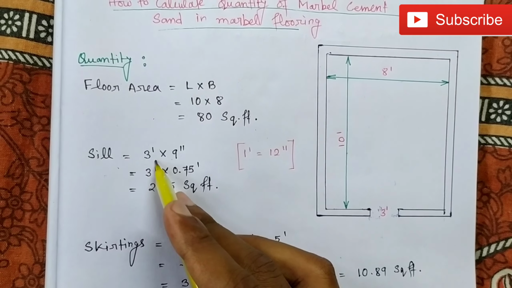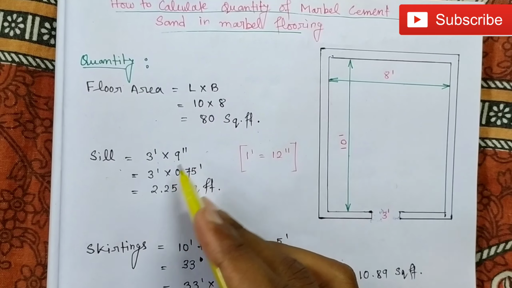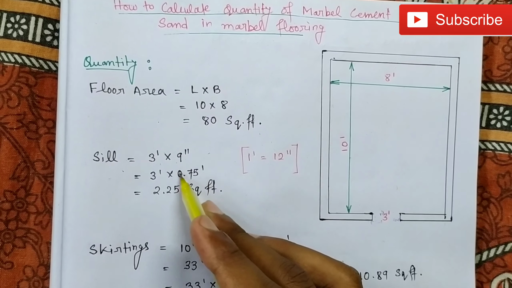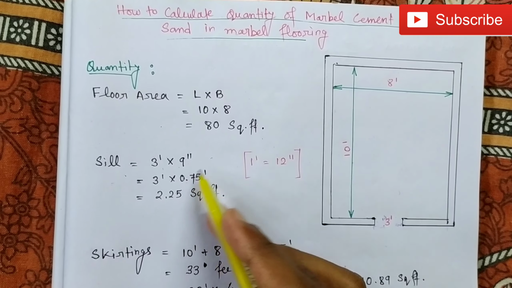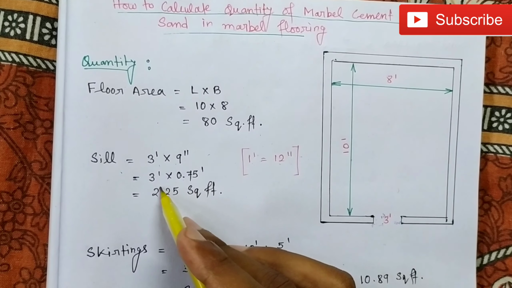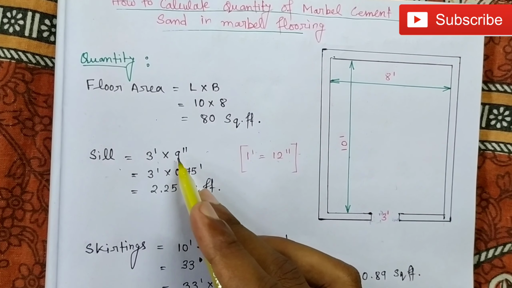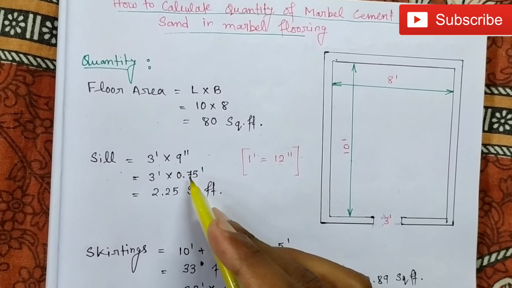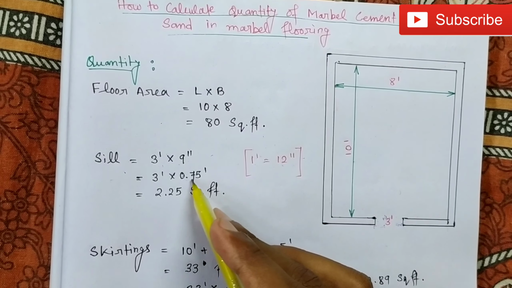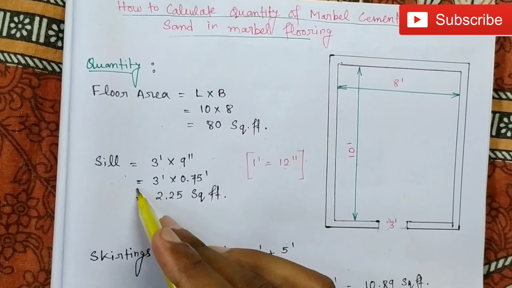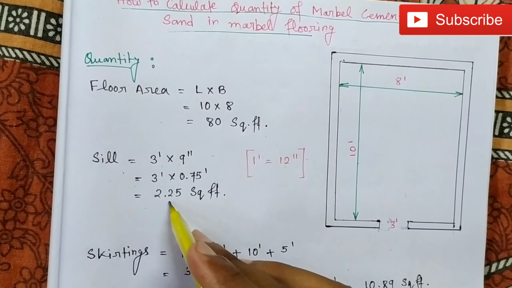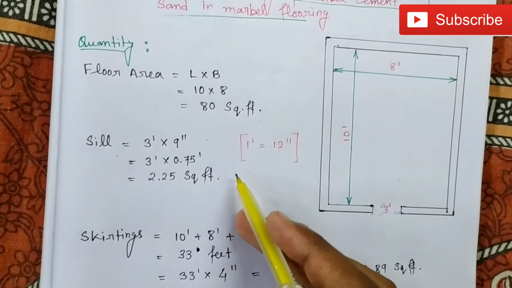So 3 feet into 9 inch. Now we convert this 9 inch to feet. We know that 1 feet equal to 12 inch. So we divide 9 inch by 12. So this is 0.75 feet. Now we multiply 3 into 0.75 feet equal to 2.25 square feet.